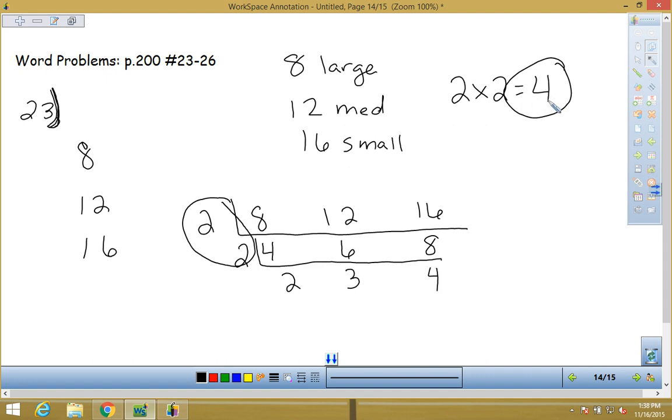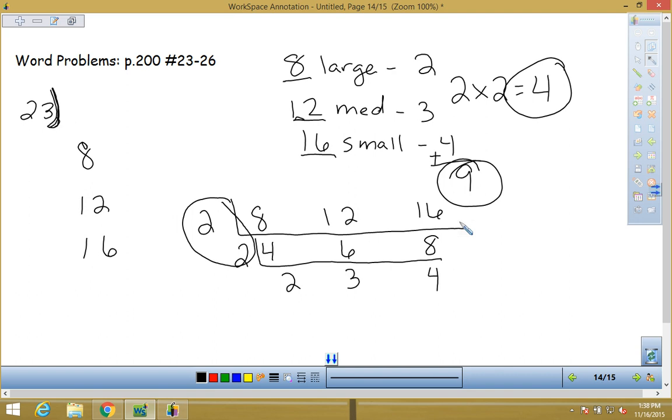If I divide 8 by 4, that means I'm going to have 2 pages of large pictures. If I divide 12 by 4, that means I'm going to have 3 pages of medium pictures. And then 16 by 4, so you're doing the same thing. Okay, what's my final step? Add them all together to find out how many pages in all. Good.